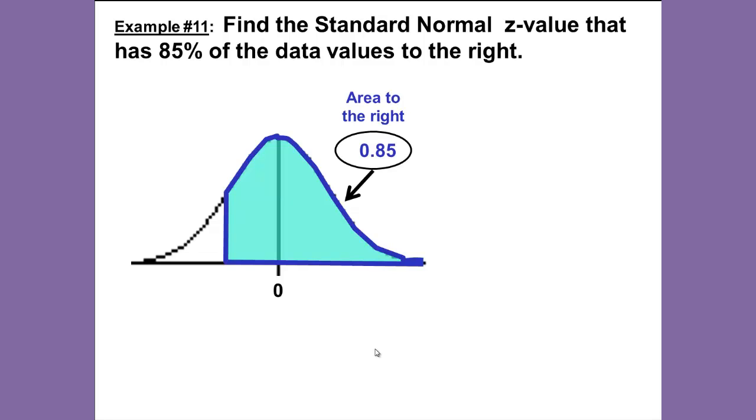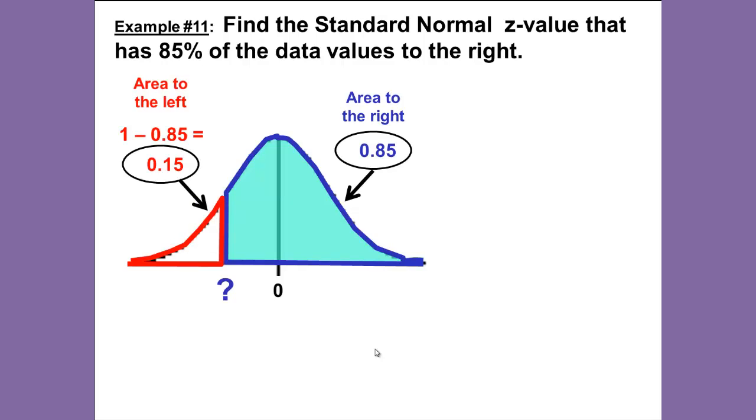Our table looks up the area to the left. So before we go to our table, we will need to find this area to the left. Remember that the total area is 1, so 1 minus 0.85 leaves us 0.15, and gives us that area to the left.